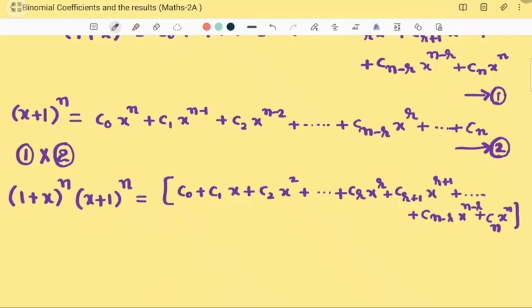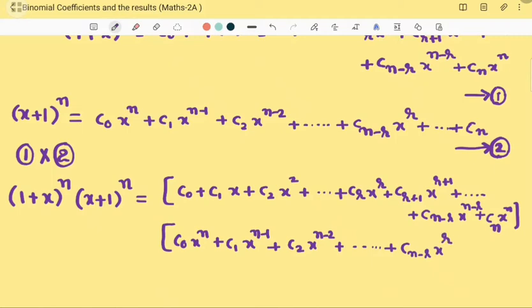So this is the first bracket value. Next bracket value, C0 x power n plus C1 x power n minus 1 plus C2 x power n minus 2 plus and so on, Cn minus r x power r plus Cn.